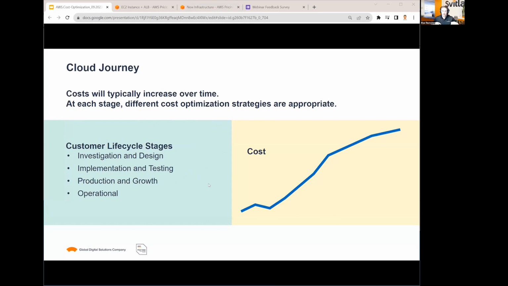So when you move to the cloud, or you start to create a cloud infrastructure, or you already merged with a company that already has some cloud infrastructure, from a cost perspective, we could define 4 stages.